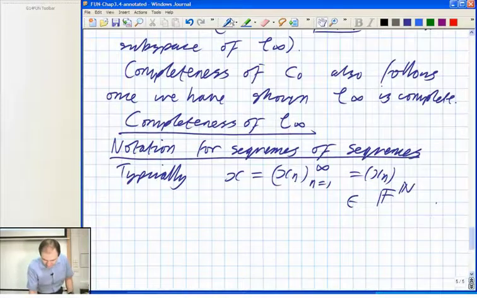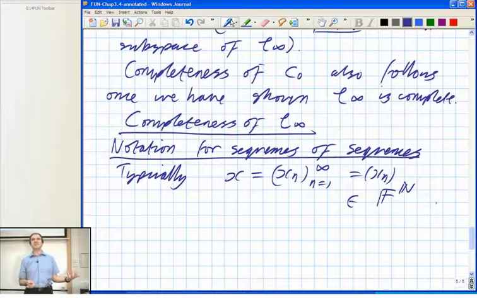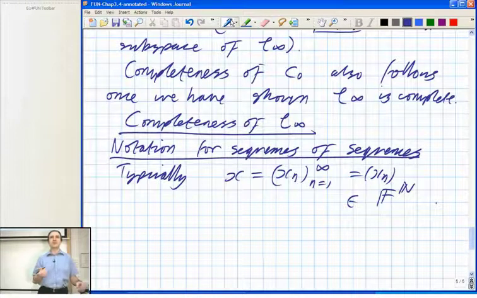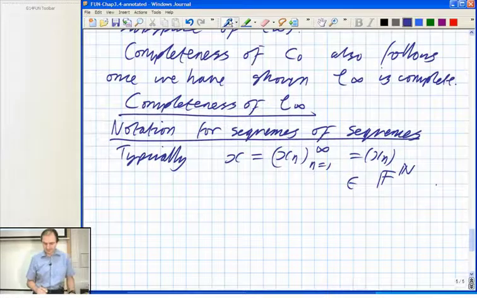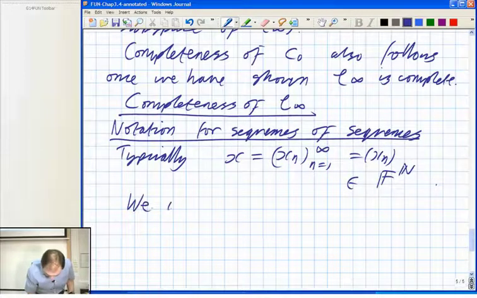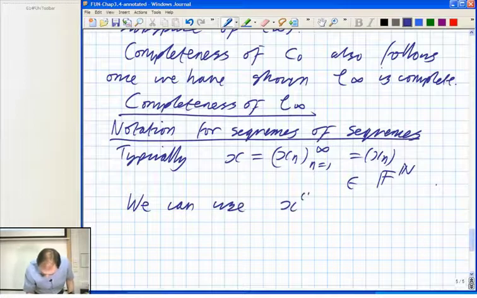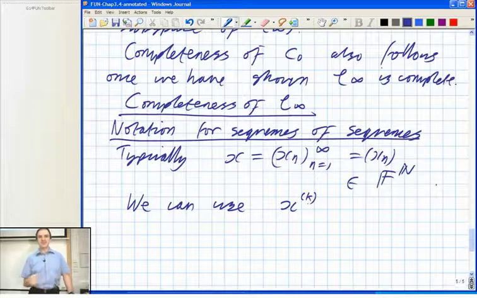So if we want to have lots of them, we'd like to say xn, except that xn is already a term of x. So you can either go for double sequences, or I'll use a notation that I saw in Cambridge when I was first taught this stuff. I'll put a k in brackets at the top to mean each of these is a different sequence.